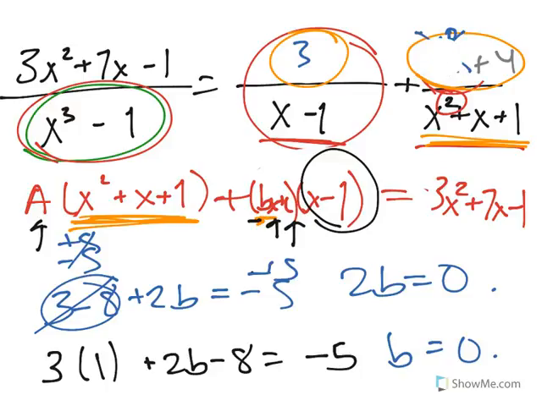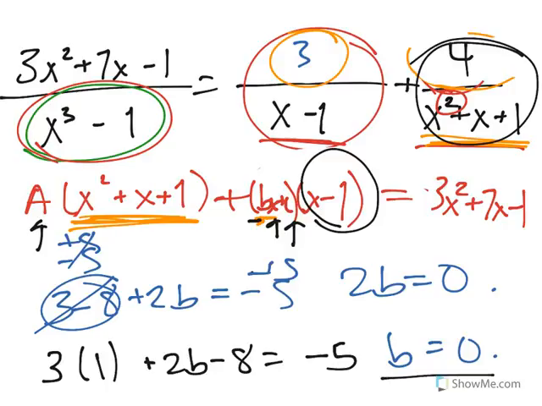That doesn't always happen. This is just something nice about this equation, that we're left with only a number in the numerator. But you could potentially be left with a linear term as a numerator over our degree 2 polynomial, and that would be fine. It's just that in this case b was equal to 0.